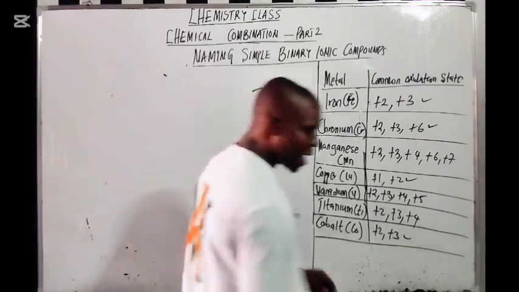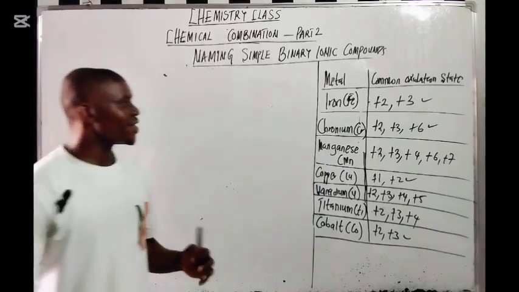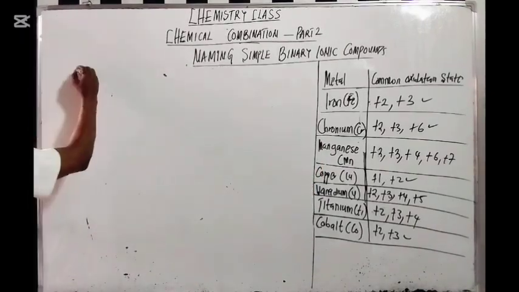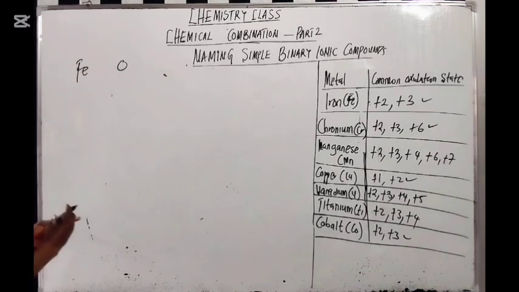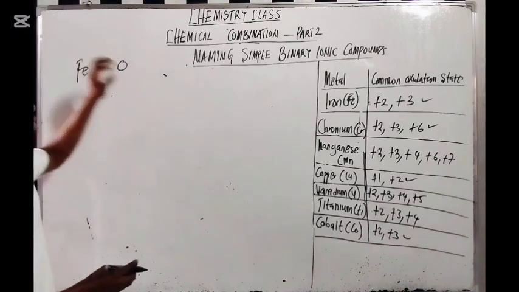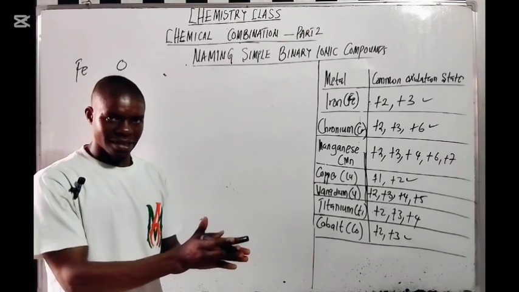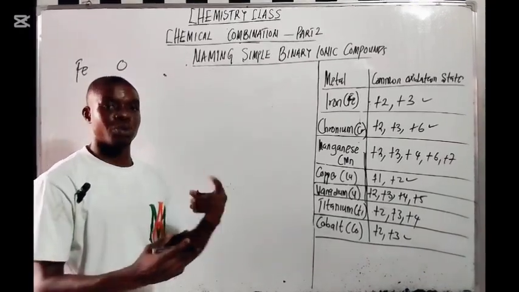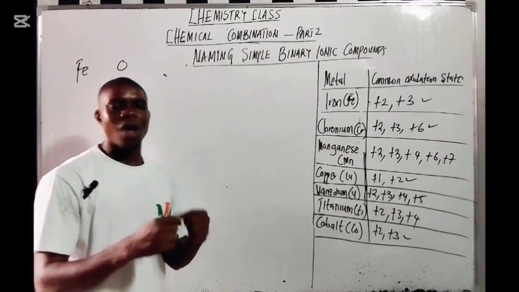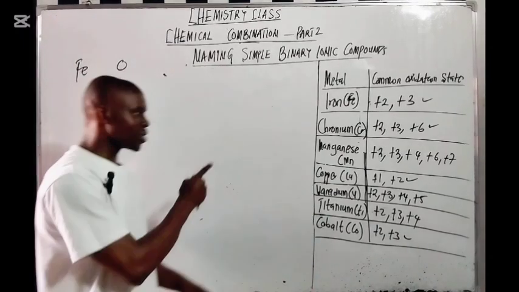So now let us say that iron, Fe, is combining with oxygen. Iron can use +2, iron can use +3 in the oxidation state. So iron can form variable compounds with oxygen.